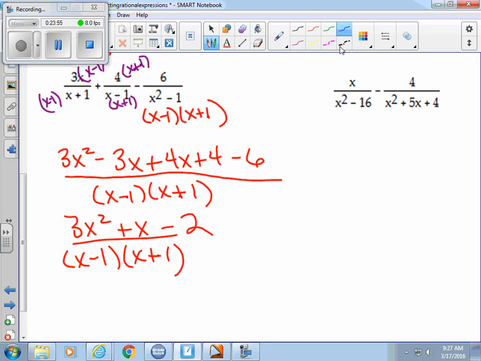So this one, I'm going to factor x plus 4, x minus 4. Quiet. x plus 4 and x plus 1. You did get your homework.